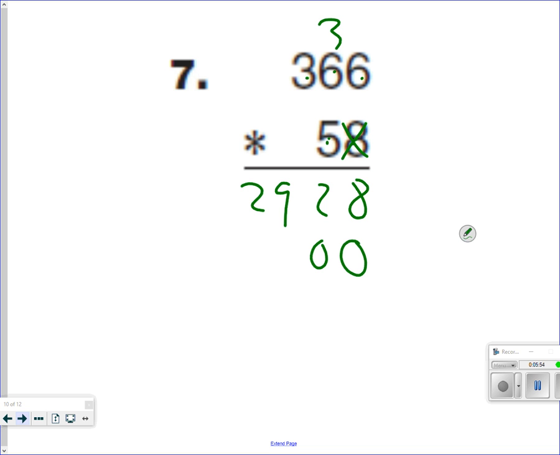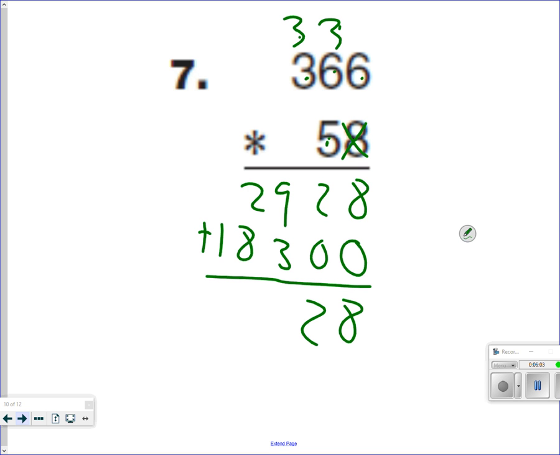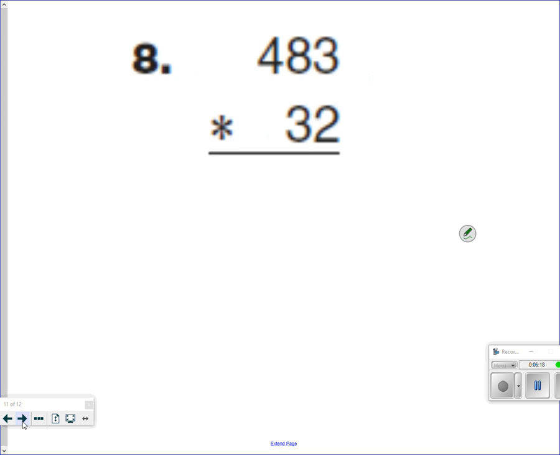Plus 3 is 33. 5 times 3 is 15. Plus 3 is 18. I'm going to add these up. I have an 8. I have a 2. 9 plus 3 is 12. Put the 2, carry the 1. 1 plus 2 is 3. Plus 8 is 11. 1 plus 1 is 2. Put a comma in here. 21,228.